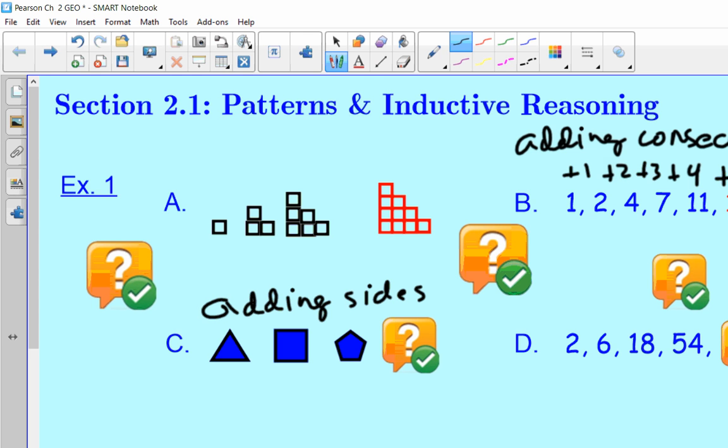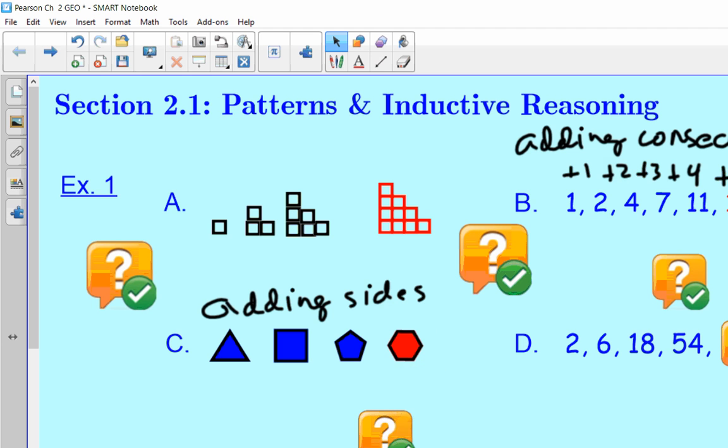Okay, so I think I'm going to get a 6-sided hexagon next. Okay, so I think that's pretty straightforward, just predicting. You guys probably have done that in other math classes, so it shouldn't be too tough to understand. But then figuring out what the pattern is sometimes is going to be the harder part.